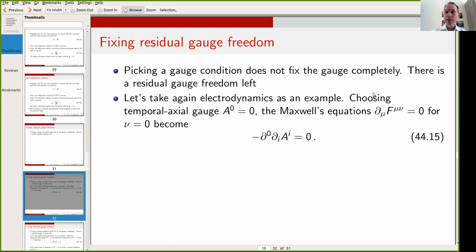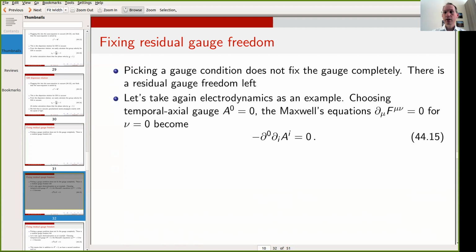But if I look at Maxwell equations, d mu F mu nu is 0, then if I look at the zero component of these Maxwell equations, these become d0 d_i A_i = 0. Which still has the feel that there is a residual gauge freedom left. In particular, it says that the time derivative of d_i A_i is 0, which just means that d_i A_i is a constant in time.